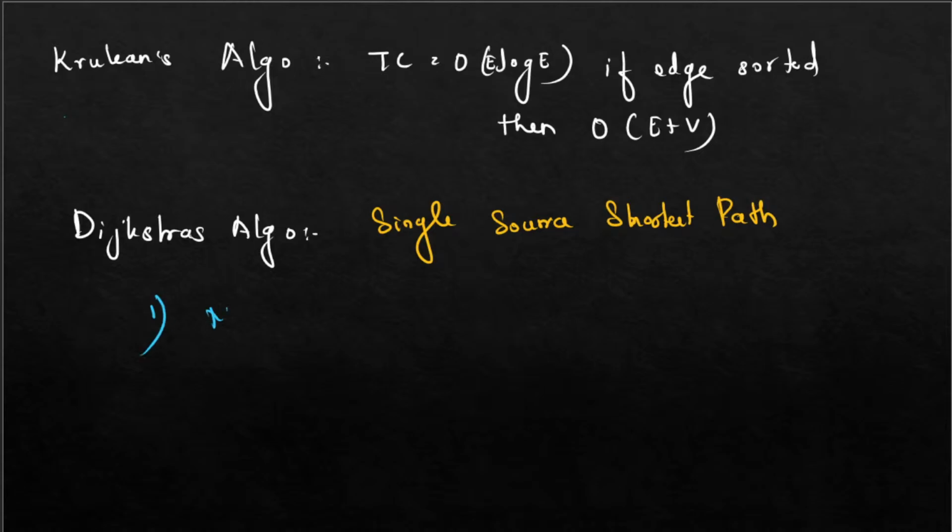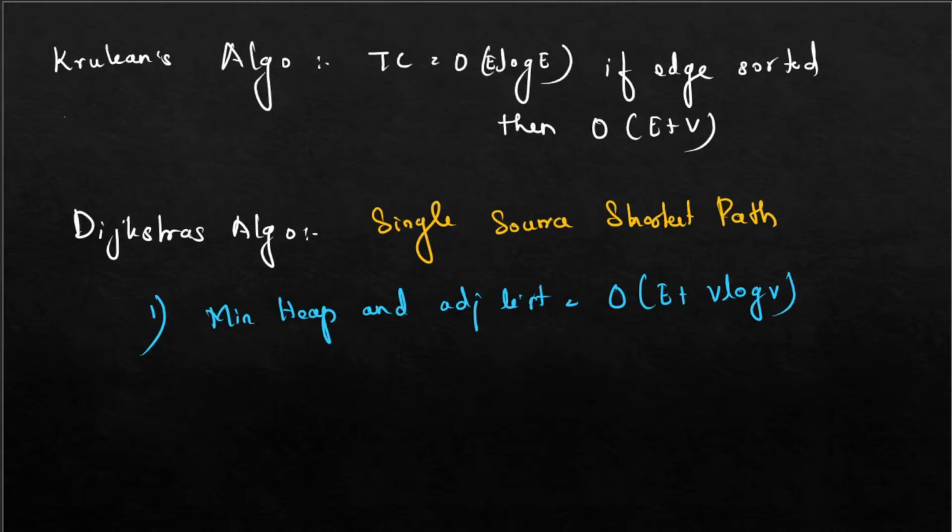Very first is min heap and adjacency list. So the time complexity is big O of E plus V log V. Second is adjacency matrix and min heap.